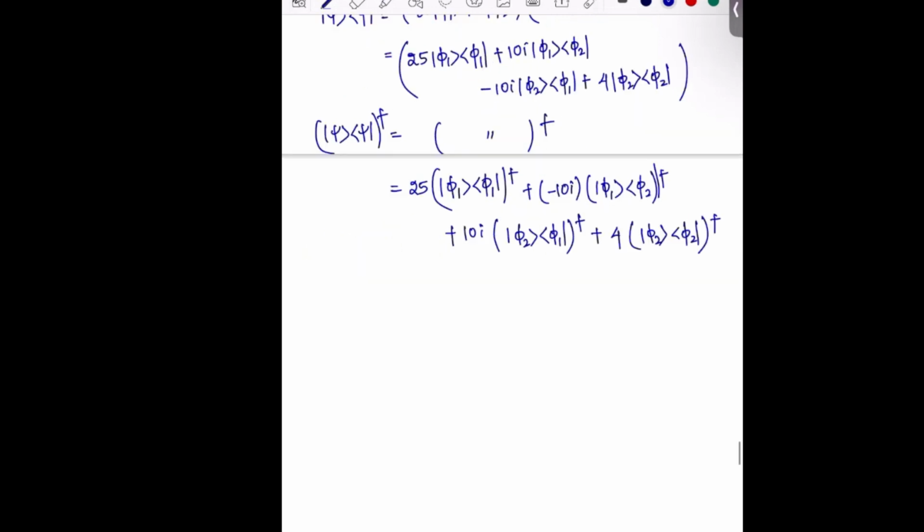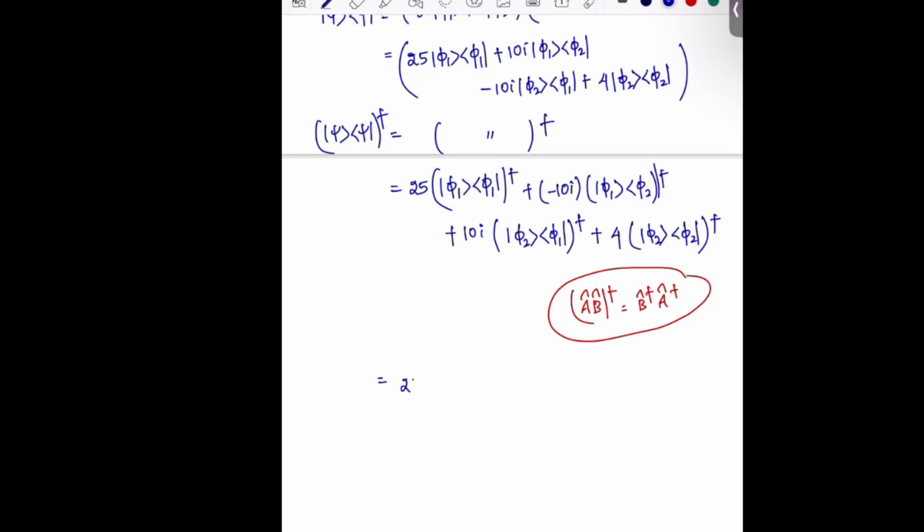One property of the dagger operator is that if two states are given and you take the dagger, then this is nothing but B dagger A dagger. So you have to use this property.